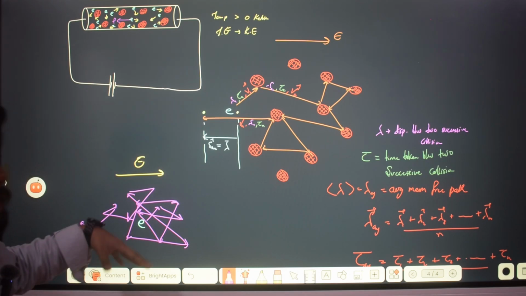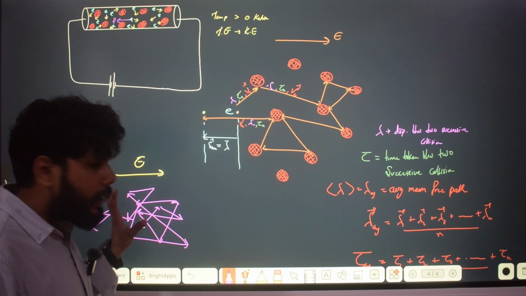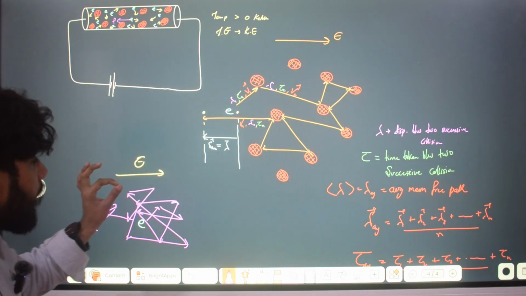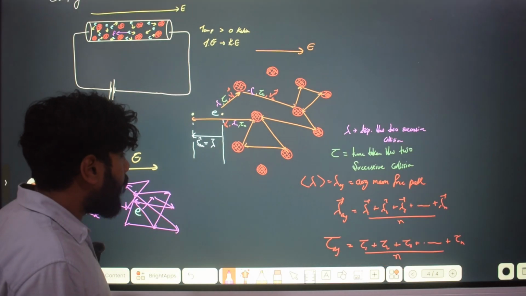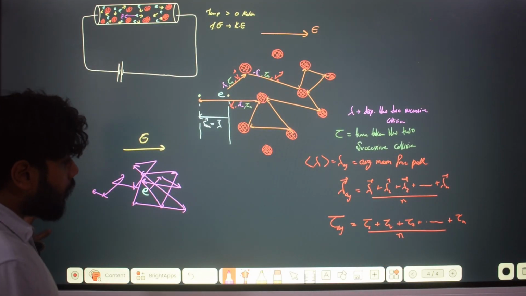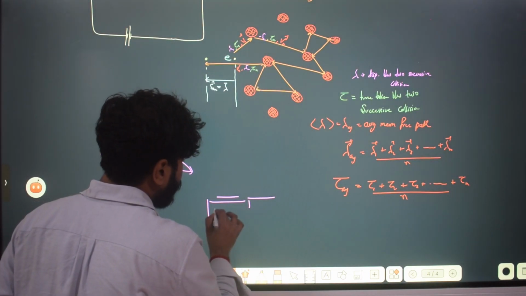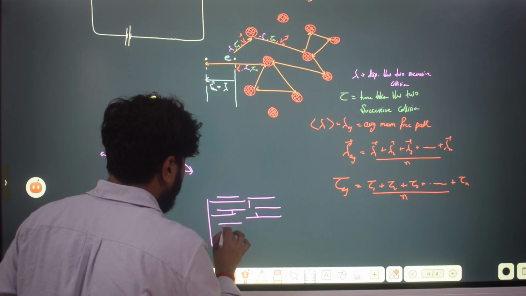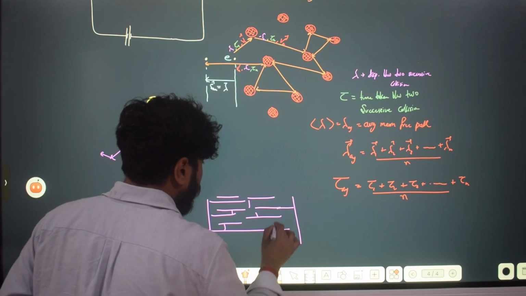It is somewhat chaotic, you can make your own, but the funda is this: the electron will be constantly moving here and there, but the overall displacement will be in the direction opposite to the electric field. Are you getting it? You can think of it like a puzzle also, like there is a maze or puzzle you have here. We can make it complicated or we can fill it out if you have too much free time, right?